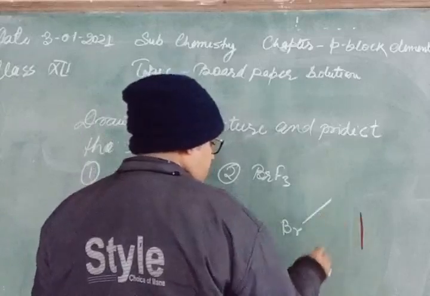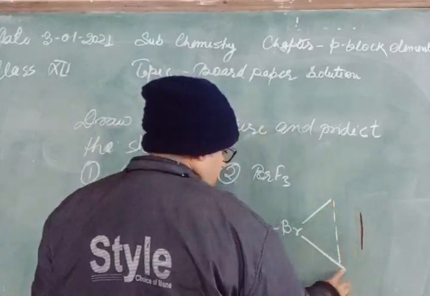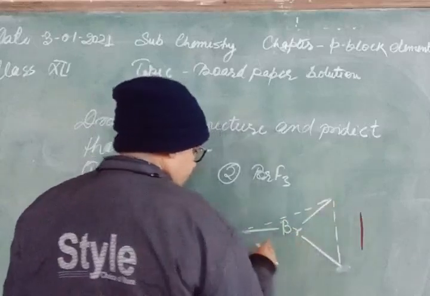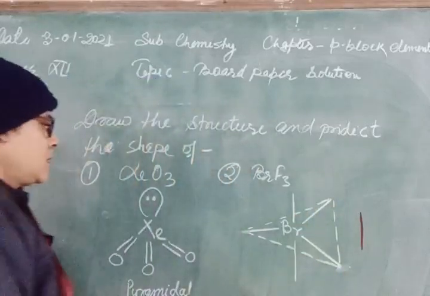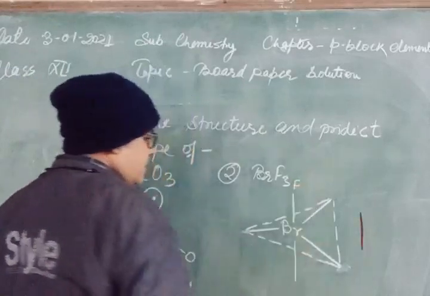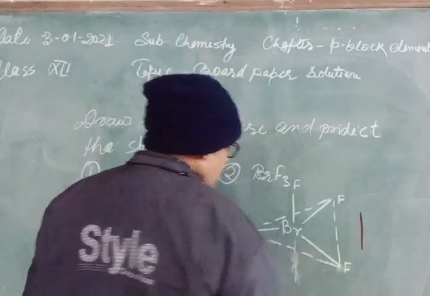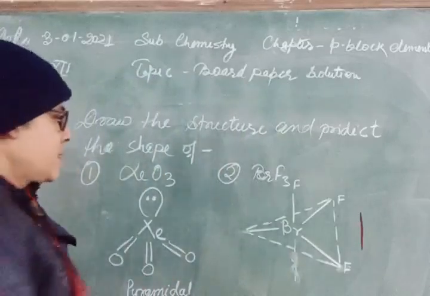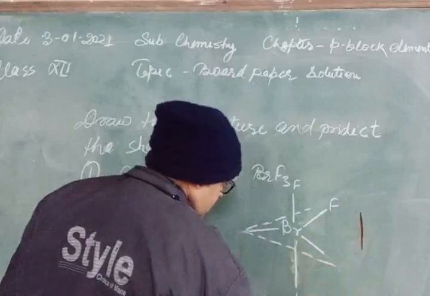And the structure of BrF3, according to valence shell electron pair repulsion theory, if all electrons are shared, then its shape should be pentagonal bipyramidal, but there are only 3 fluorine and there are 7 electrons in the valence shell of bromine. 1 will be shared with fluorine and the others will be distributed as lone pairs. So the structure will be nearly linear, not exactly linear.